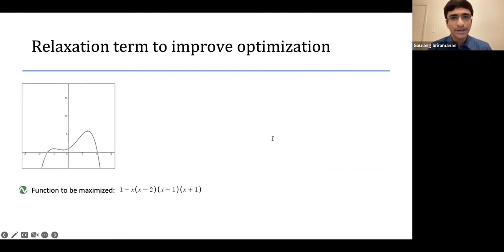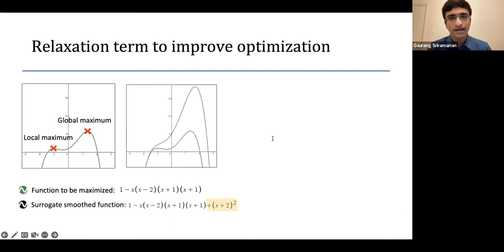Here we show the introduction of a relaxation term does indeed help in smoothing the optimization objective. We consider a simplified one-dimensional example of the maximization of a non-concave biquadratic function, which has a local maximum at x equals -1. Naive optimization using gradient descent or stochastic gradient descent could possibly miss the global maximizer and return this local maximum instead as the optimal solution at the end.